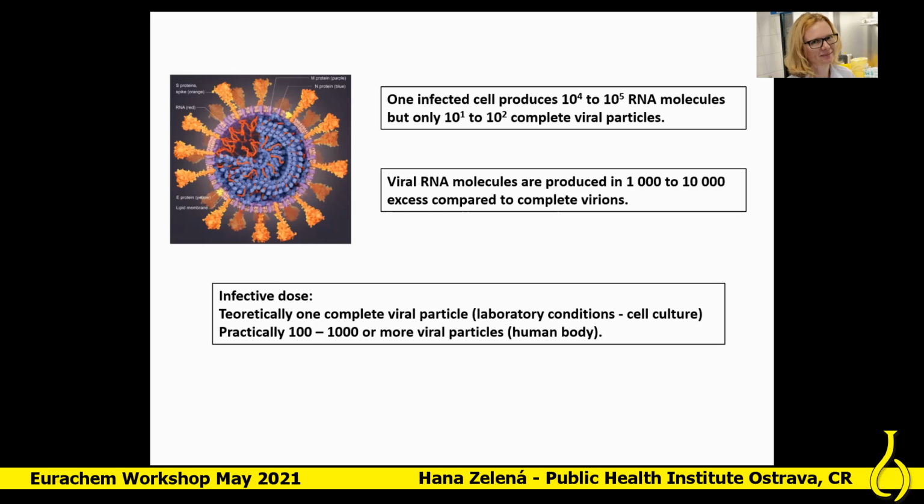And that means that usually the viral infective dose has to be higher than in laboratory conditions. So for a susceptible person, the minimum infective dose is at least 100 or 1,000, but for some persons, even more viral particles are needed to cause the infection in the human body. So this is a difference.